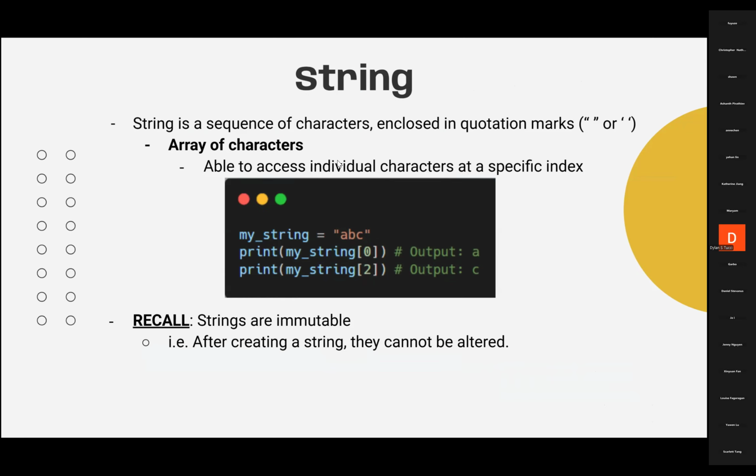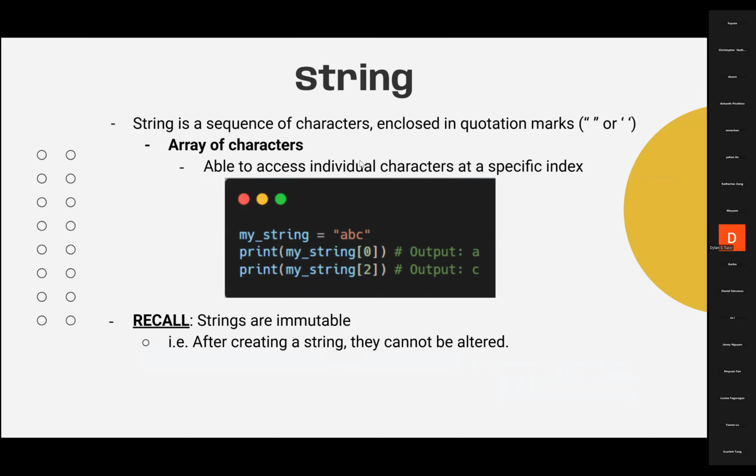Okay, let's talk about strings. A string is basically a sequence of characters. If you see something like ABC between quotation marks, it's a string, as simple as that.